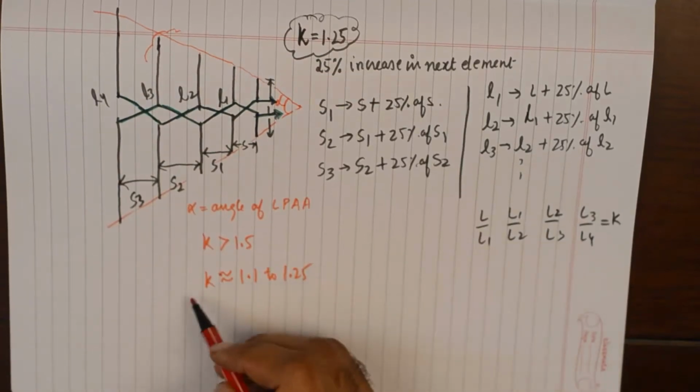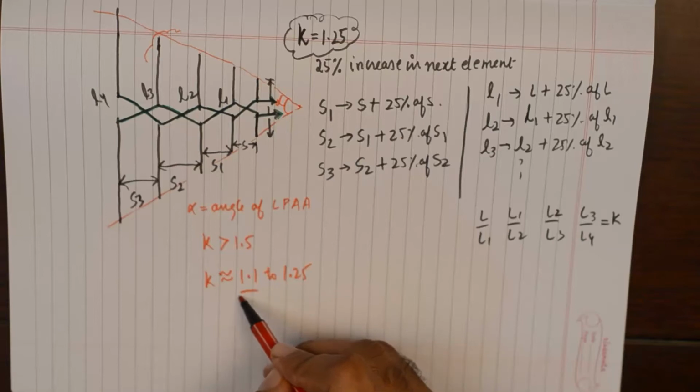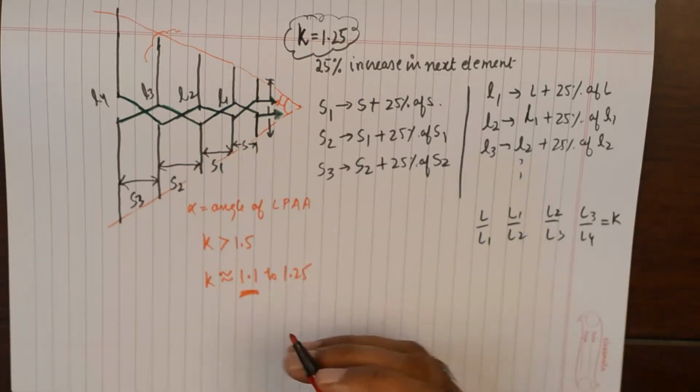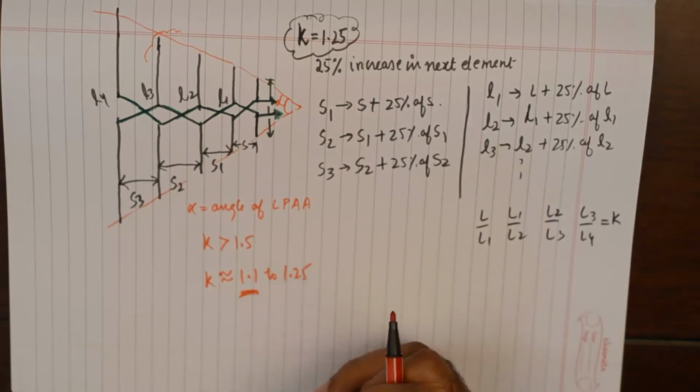So that goes to show that going from one antenna to the other, we are increasing only 10% to 25% in terms of length.